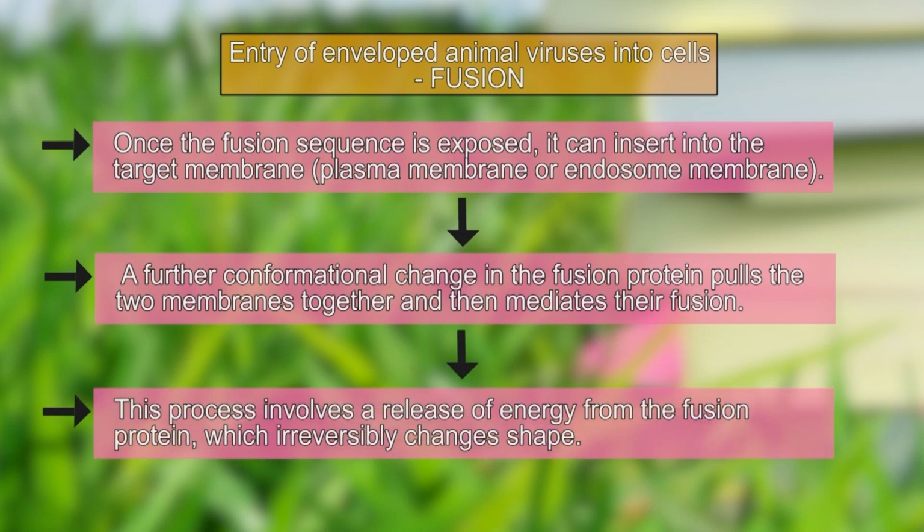This process causes release of energy from the fusion protein and causes an irreversible change in shape. After successful entry, it is meaningless if the genome is not delivered into the proper location.